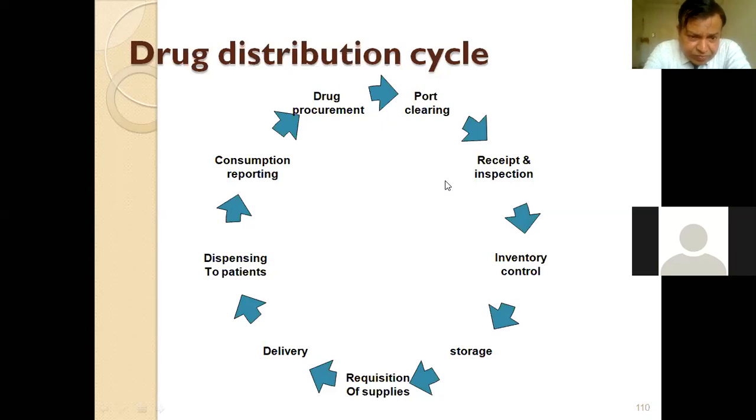Next is the consumption report. It is prepared by the pharmacist. The number of drugs consumed or supplied to the patient or particular department. After the consumption report, again demand will generate for the procurement of drugs. This is the drug distribution system or cycle in a hospital.